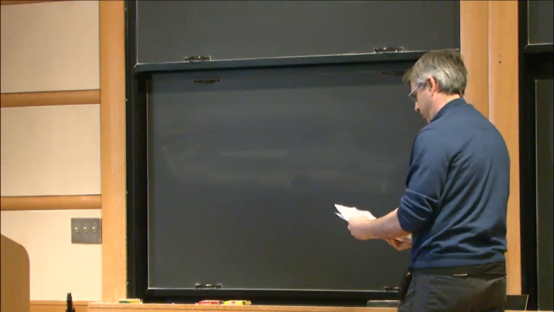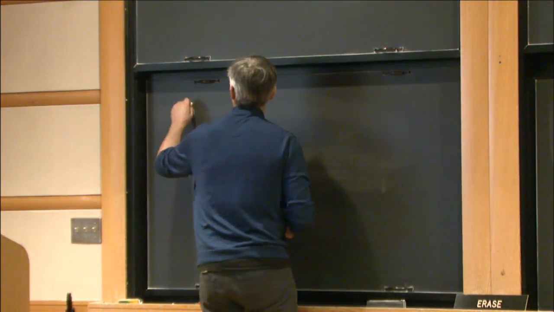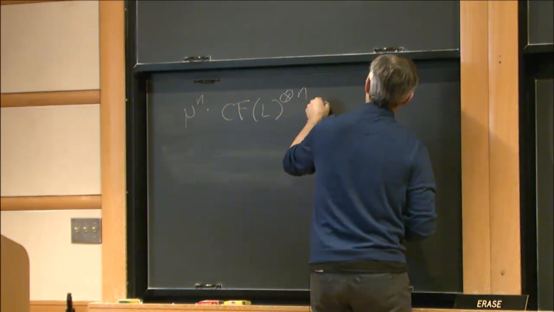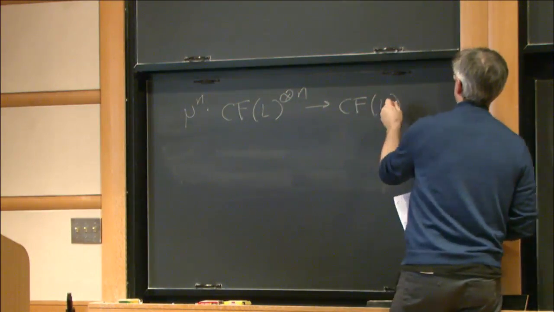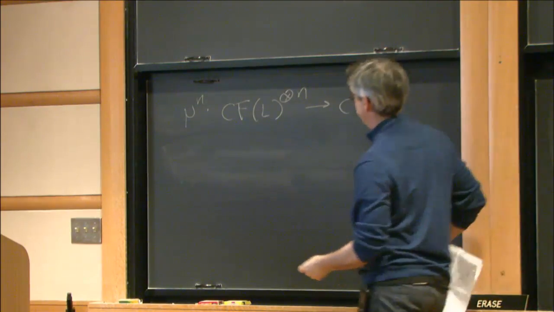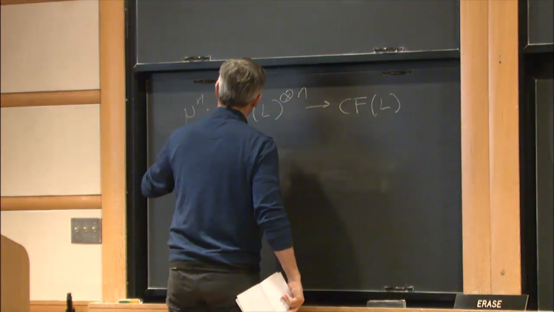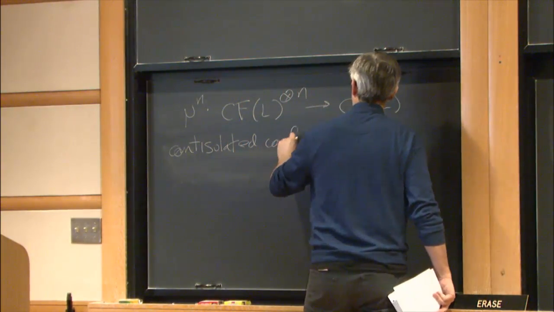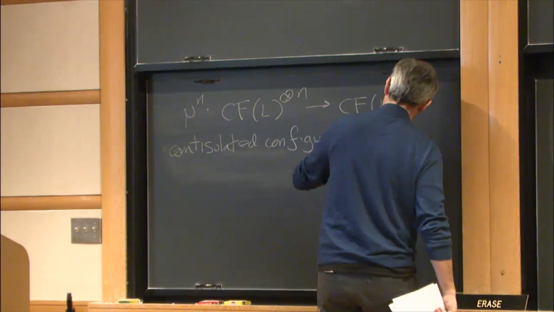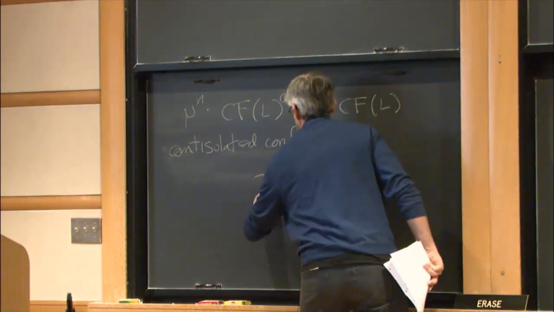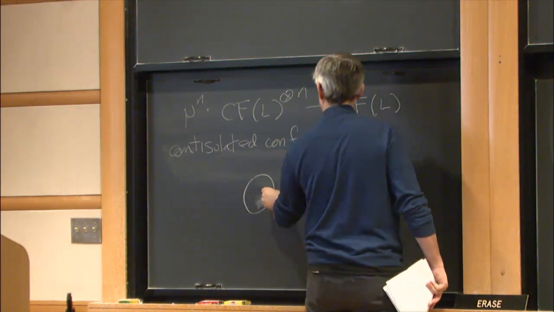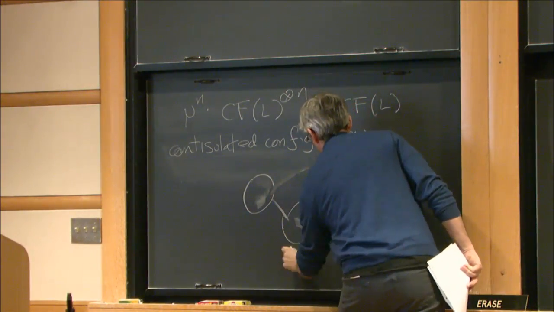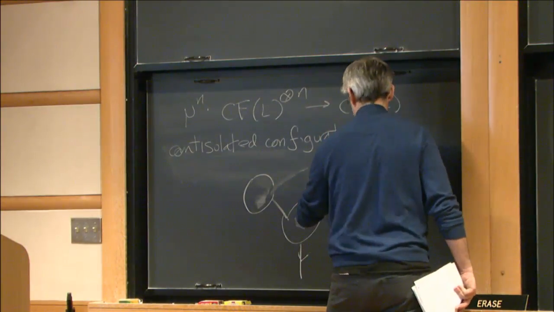And then this has operations, μ_n, CF(L)^{⊗n} goes to CF(L), which count isolated configurations. You have some holomorphic disks, and then you have some gradient trajectories.